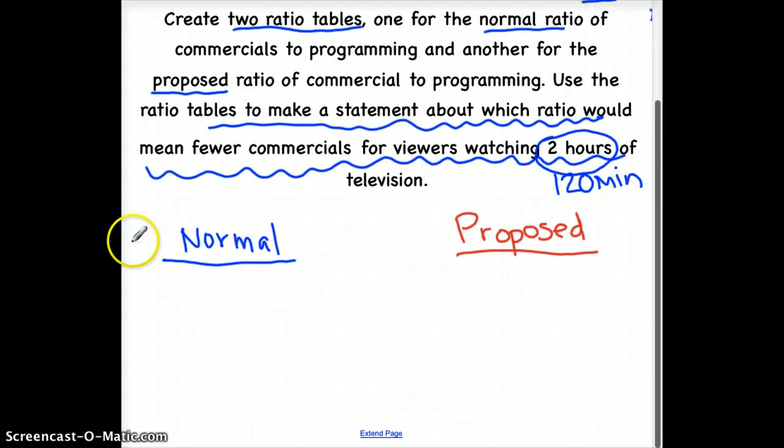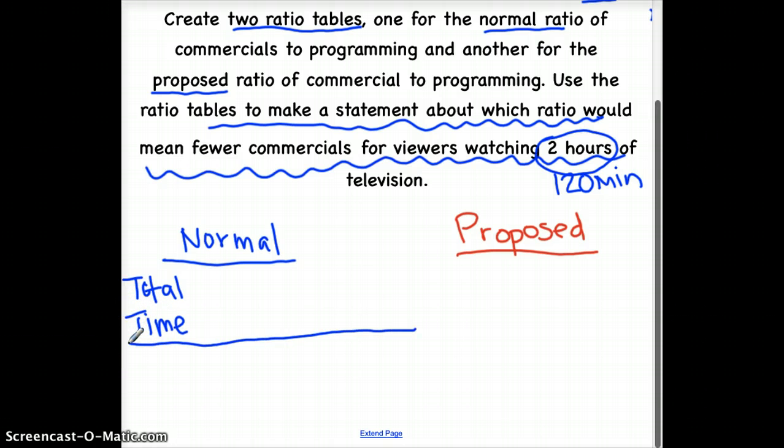Okay. So I'm going to keep in mind the total time of the program. It would help if I spelled that right. Okay, so we have total time, and we have commercial time. I'm going to abbreviate this. Commercial time, and we have show time.